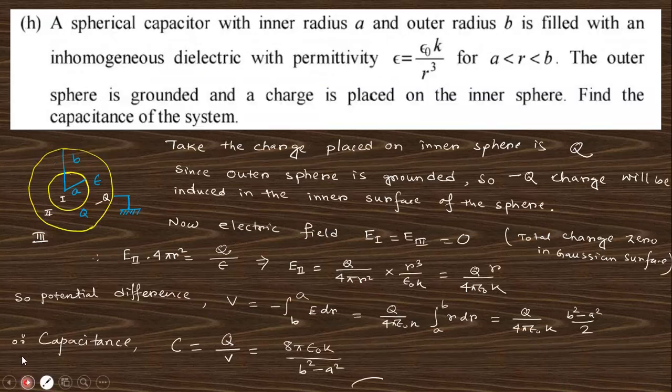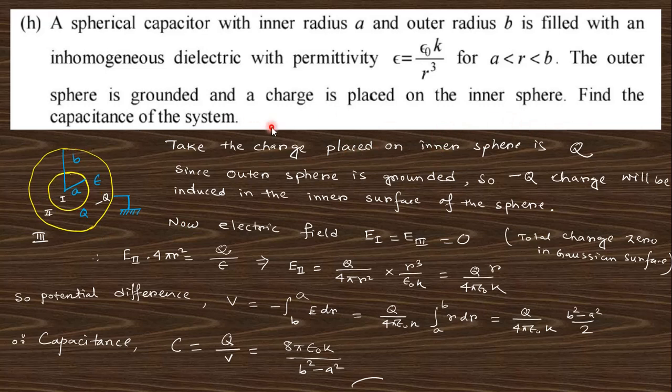Next question. A spherical capacitor of inner radius a and outer radius b is filled with an inhomogeneous dielectric with permittivity epsilon as given here. The outer sphere is grounded. A charge q is placed on the inner sphere. Find the capacitance of the system.